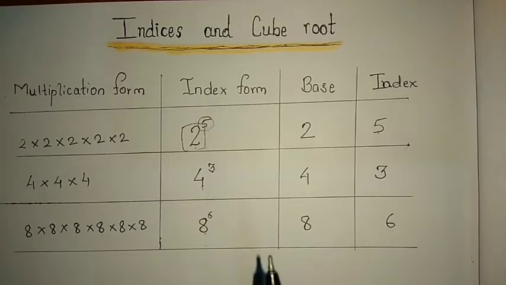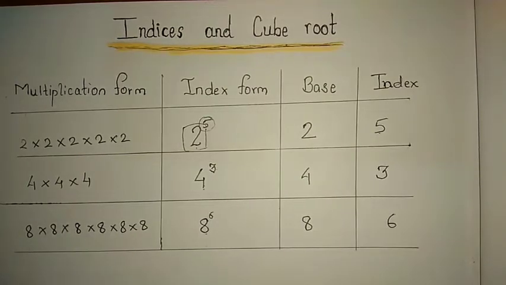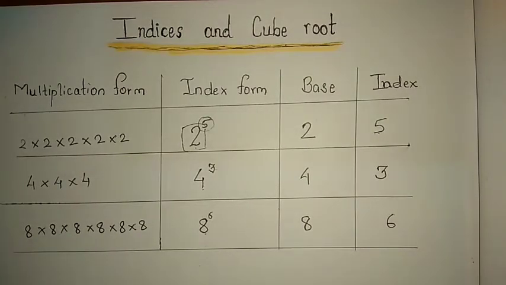So this is very simple, to write the number in multiplication form and in index form. I have one number here in which I have written the index in fraction form. All of you know fractions because since third and fourth standard you have been learning fractions, different types of fractions. Fraction means if we write any number in p divided by q form, meaning numerator and denominator, then that number is called a fraction.